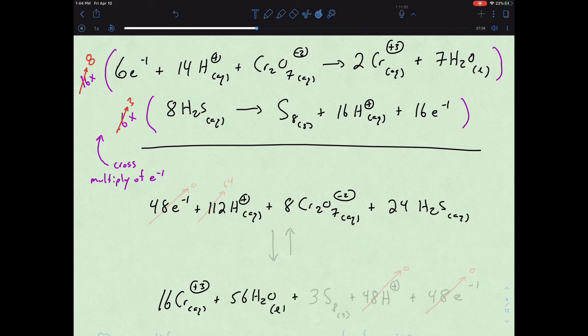We now go down to the oxidation half reaction. We have our S8, we're multiplying that through by 3. So there's 3 of the S8s in that solid state. Then, taking the 3 and multiplying it by the 16, we have plus 48 protons and 48 electrons.